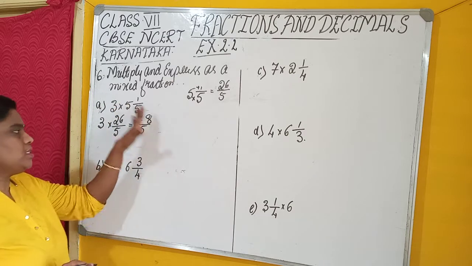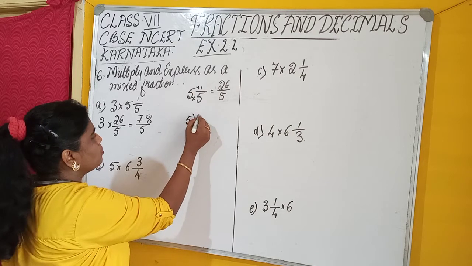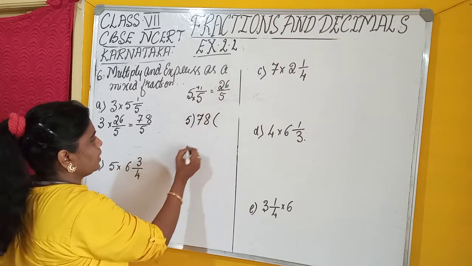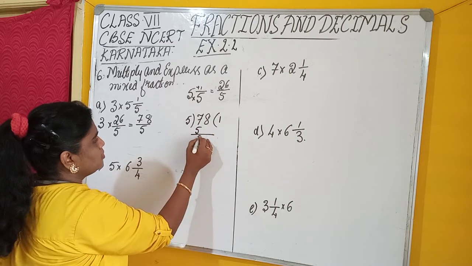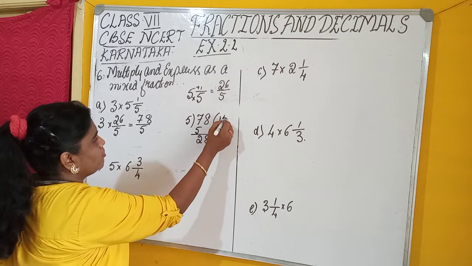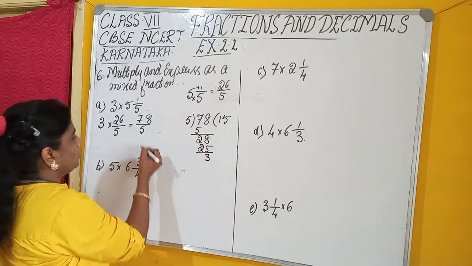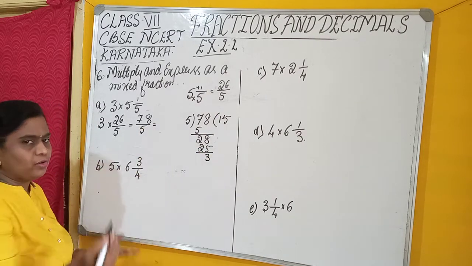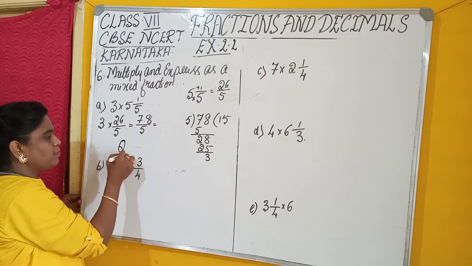Now this is an improper fraction. Now convert this again into the mixed fraction. 5 1s are 5, 28, 5 5s are 25, the remainder is 3. I told you how we have to convert improper fraction to mixed fraction.